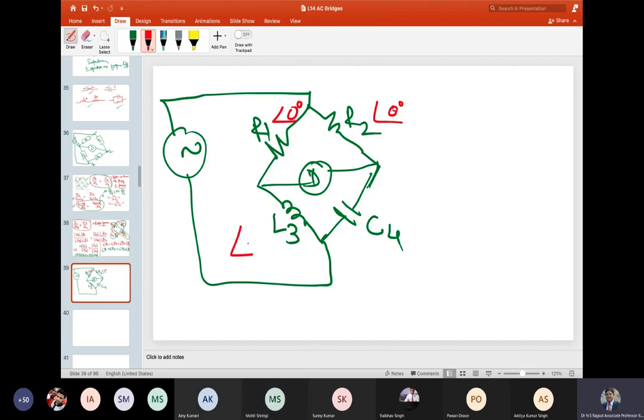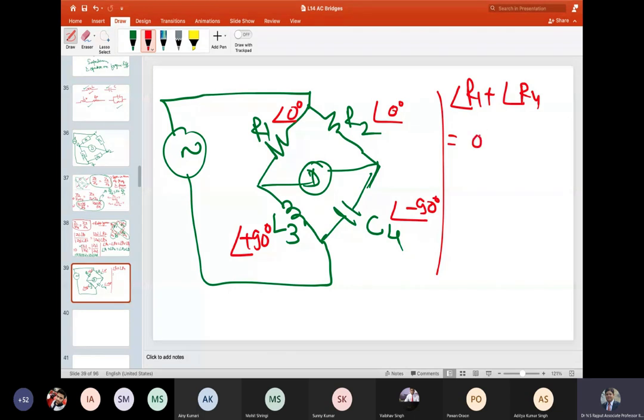Now on this side this is plus 90 degree and on this side this is minus 90 degree, right? So the condition of balance, if I say opposite angles, the sum of the opposite angles should be equal. So on one side, if I add angle R1 plus angle R4, right?